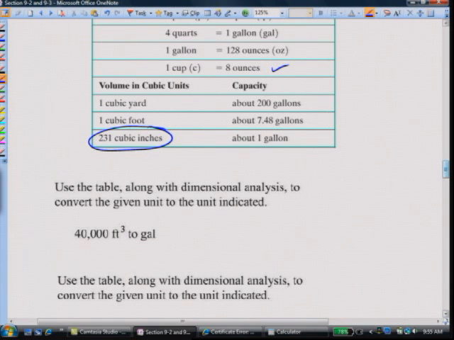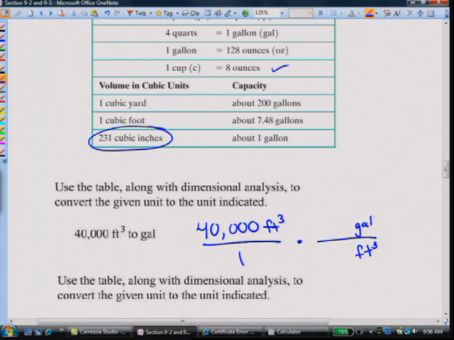All right. Use the table along with dimensional analysis to convert the given unit to the indicated unit. We want to convert 40,000 cubic feet to gallons. Put that over 1, and we want to get gallons. So we want our feet to cancel, and we want to end up with gallons.